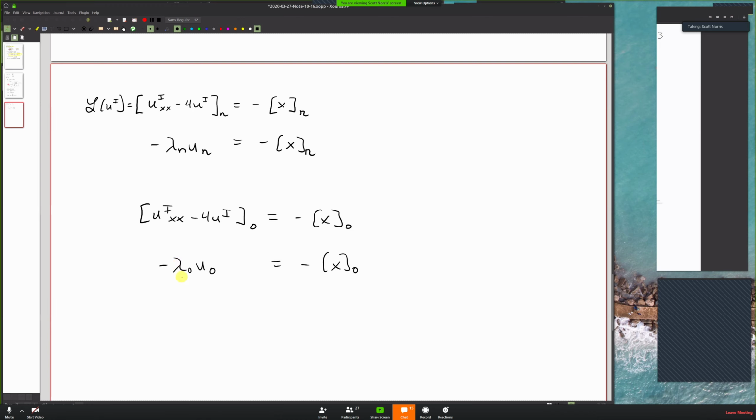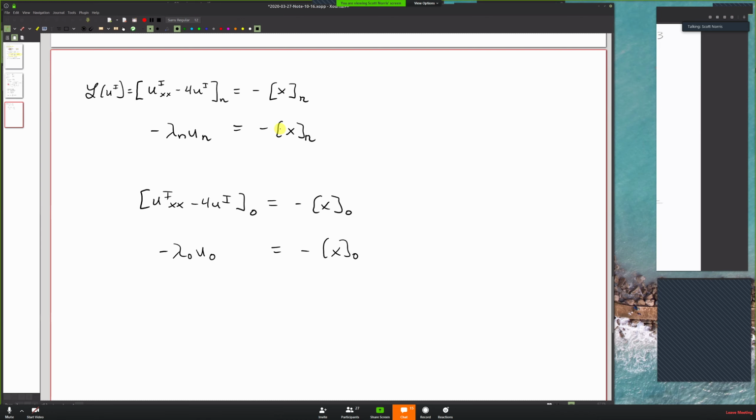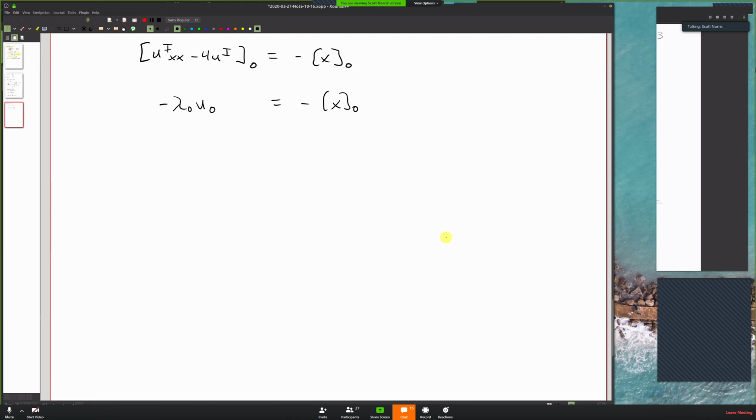And in this case, lambda naught equals 4. So all we have to do is solve these two algebraic equations and, of course, calculate x sub n and x sub 0. All right, so let's do that. Let's start with the 0th one because that's the easiest one.